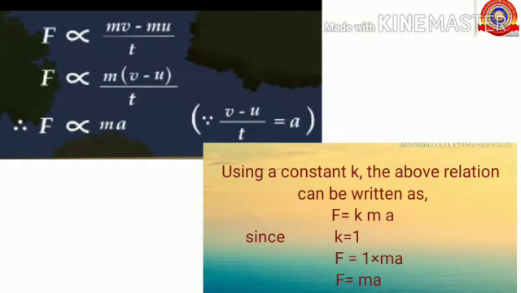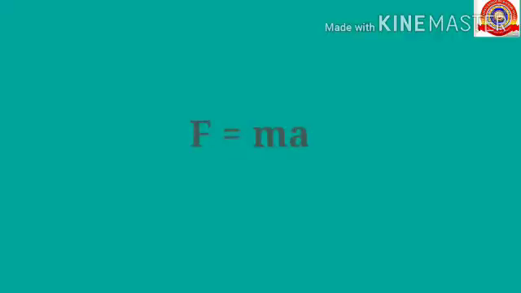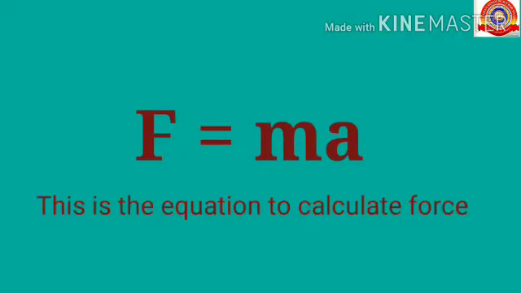By using a constant k, the proportionality sign changes to equal, and it can be written as F equals k into ma. If k equals 1, then F equals 1 into ma, that is F equals ma. So, this is the equation to calculate force: F equals m into a, that is mass into acceleration.